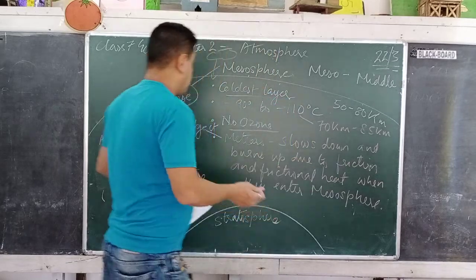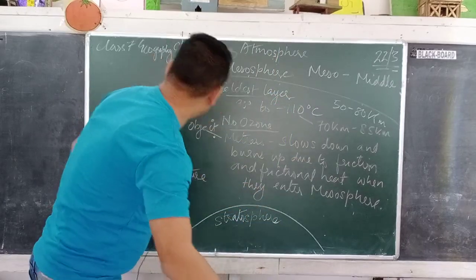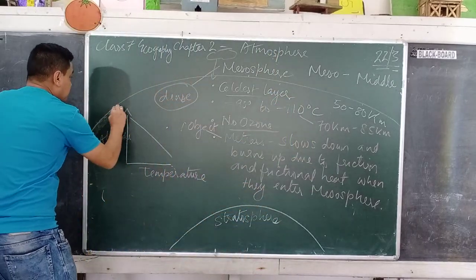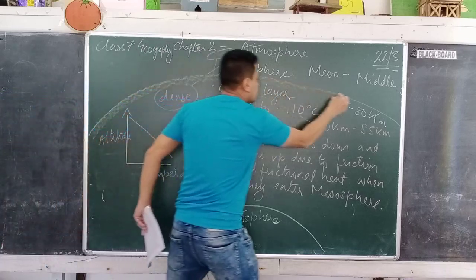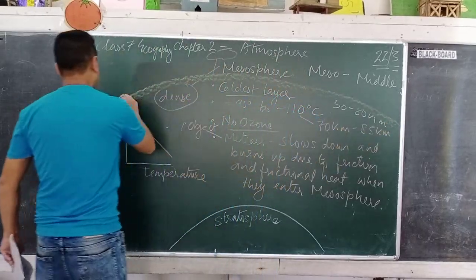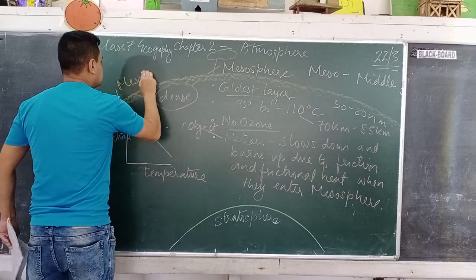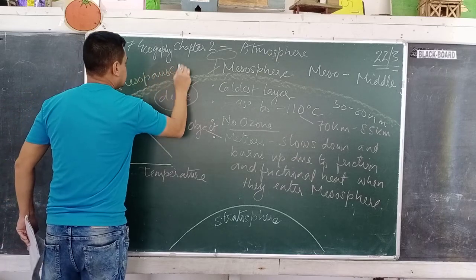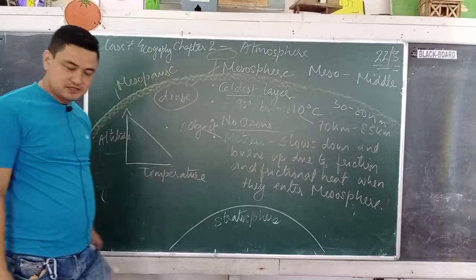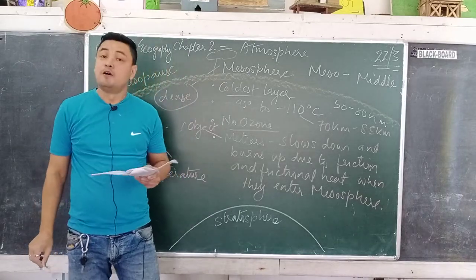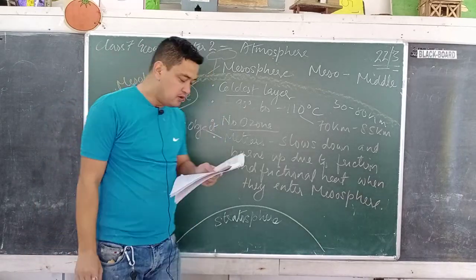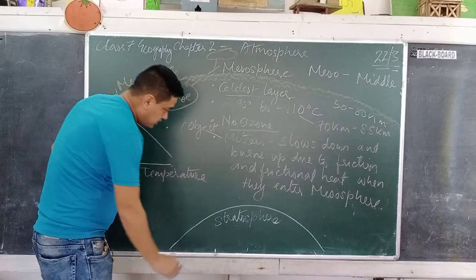Another point you have to understand is that the upper limit of the mesosphere is called the mesopause, and the lower limit is called the stratopause.